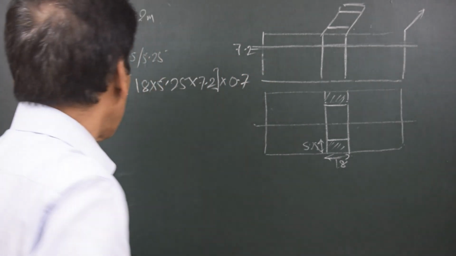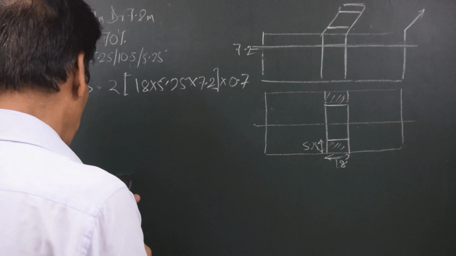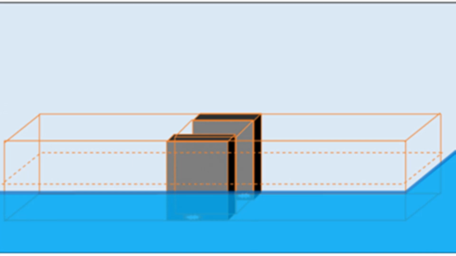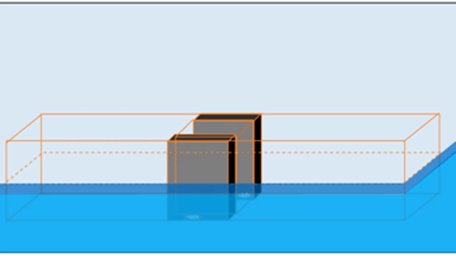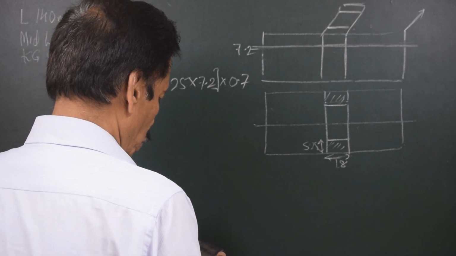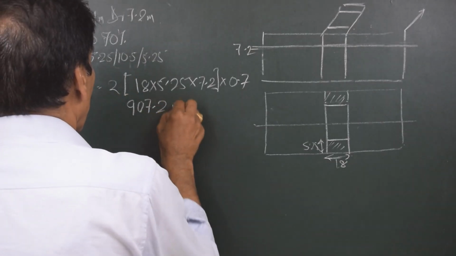That is the total lost buoyancy: 2 into 18 into 5.25 into 7.2 into 0.7. So lost buoyancy is 907.2 meter cube.